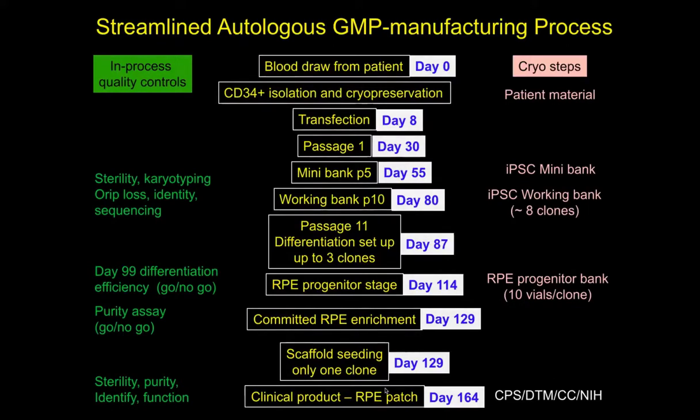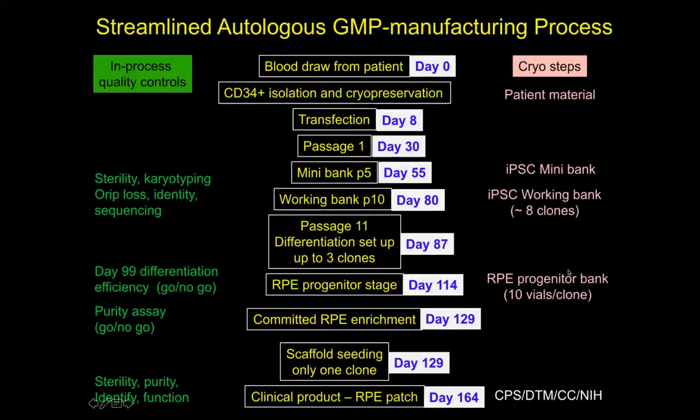This process takes about 6 months. But we have been able to map out every single day of this process: what's going to be done, how the iPS cells are going to be made, how RPE cells are going to be made and characterized, when the QC is going to be done, and what the QC parameters are going to be, to really have a go/no-go point as we move forward towards cell therapy or clinical translation of this product.